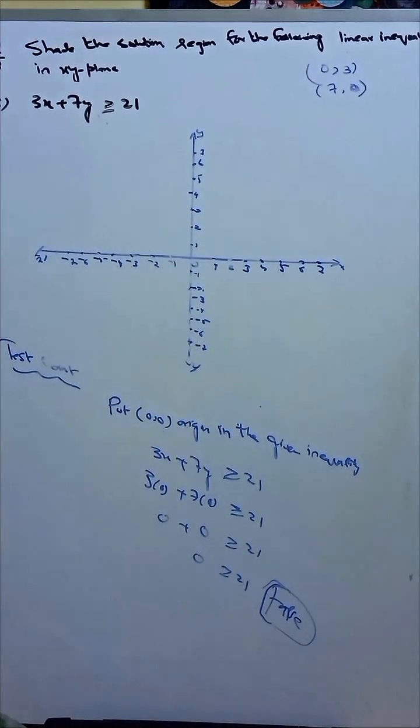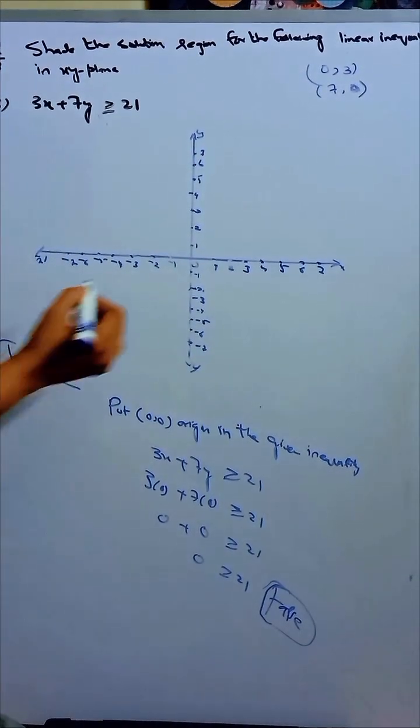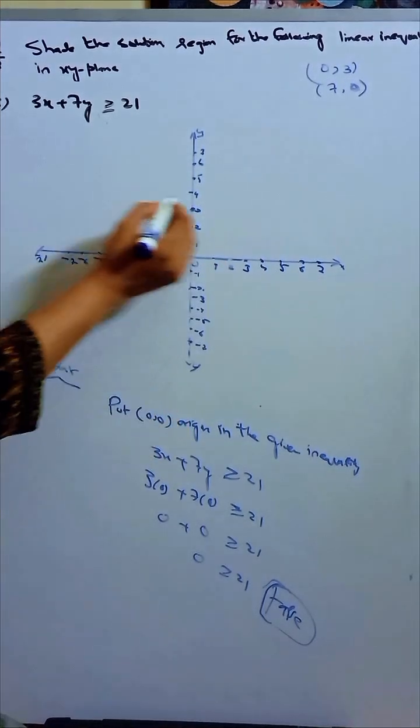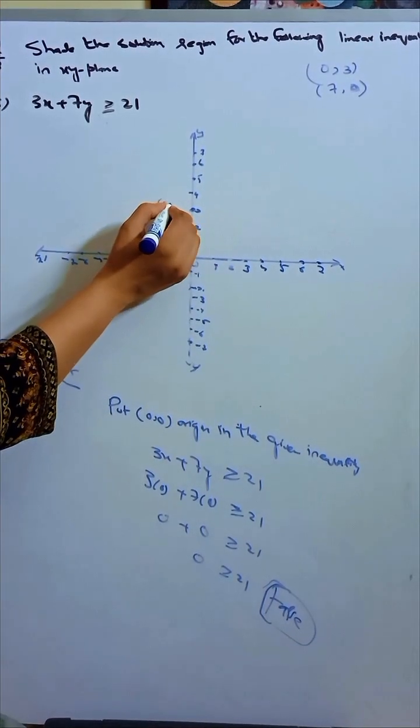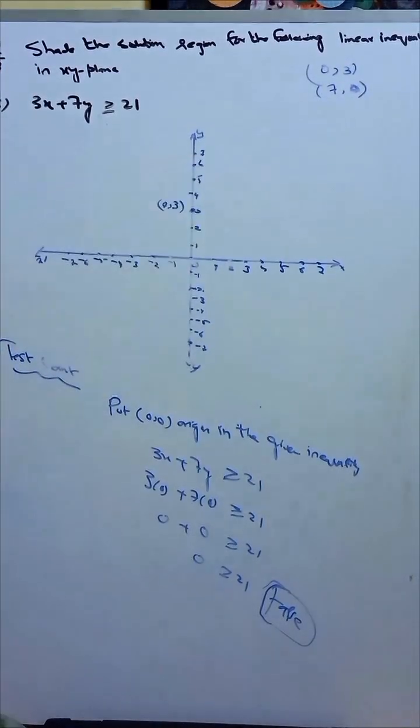Now I have to represent this. X is 0, y is 3. It must be here. This part is known as x is 0, y is 3. Next is x is 7, y is 0.